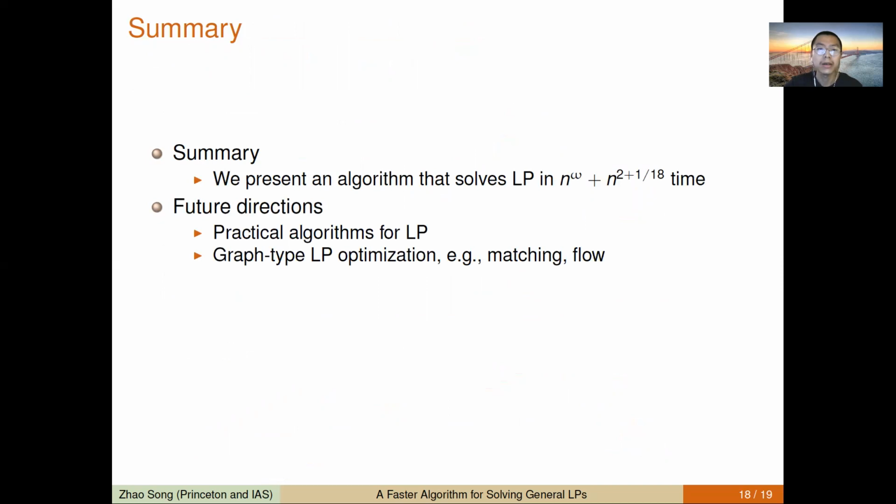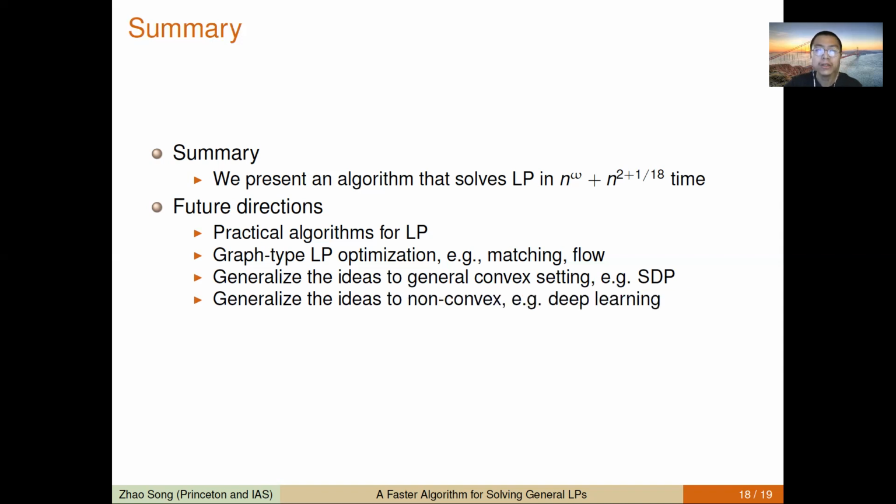Second, is it possible to generalize such ideas to some graph type LP, for example, matching or flow? Third, can we generalize ideas to some other convex setting, for example, semi-definite programming? Fourth, can we generalize ideas to non-convex formulations, for example, deep learning? Last, can we generalize ideas to quantum algorithms?